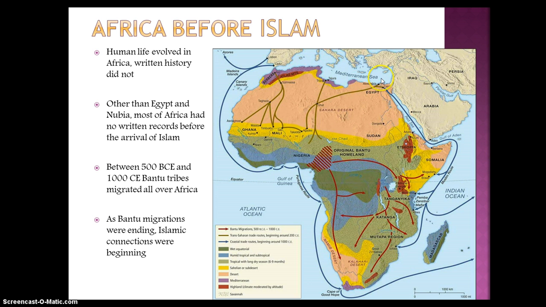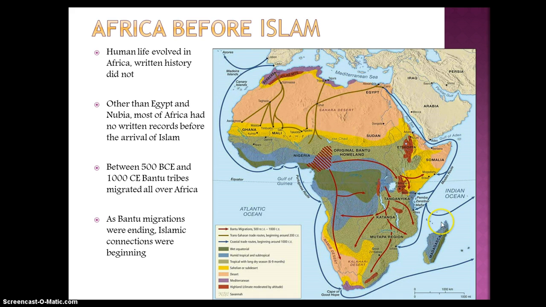Okay, before I move on to the next slide, take a look at the map and notice the Mediterranean Sea. Here's Spain, here's the Middle East. So obviously the northern portion of Africa is much more connected to a wide range of cultures between the Mediterranean world, the European world, and the Middle East.